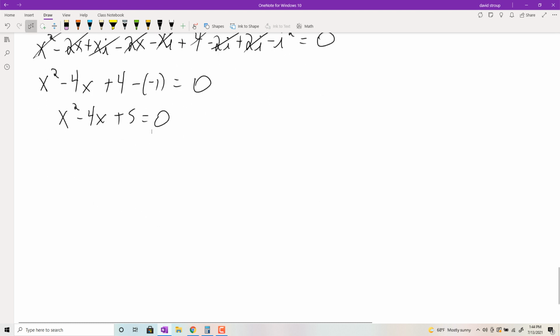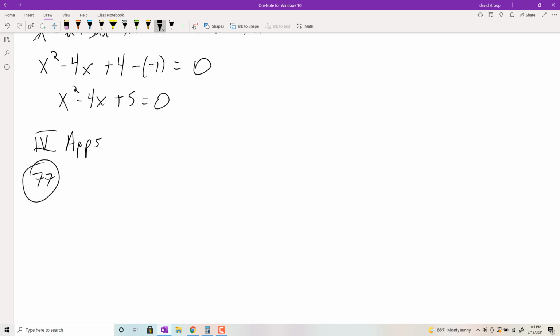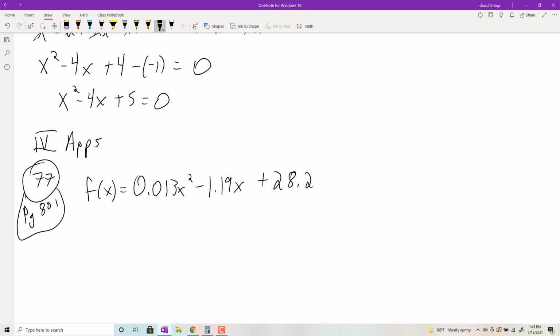Let's look at at least one application on the number of fatal vehicle crashes per 100 million miles given a particular age. So this is 77, on page 801 if you want to read it. They basically give you an equation, f of x equals 0.013x squared minus 1.19x plus 28.24.